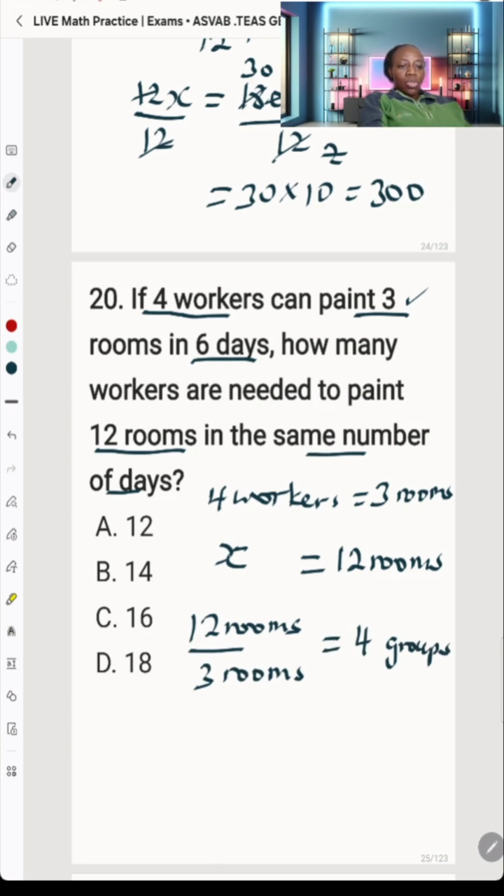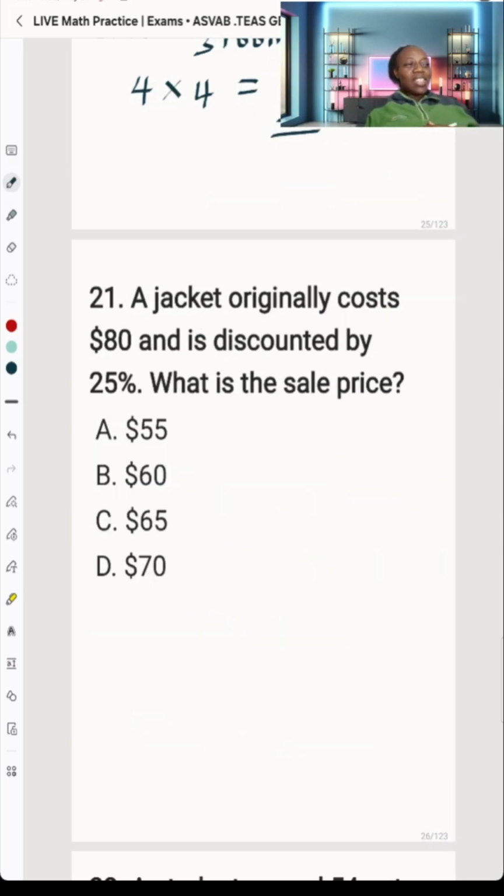Then for a group of 3 rooms, we need 4 workers. For 4 groups, that will be 4 multiplied by 4, equal to 16 workers.